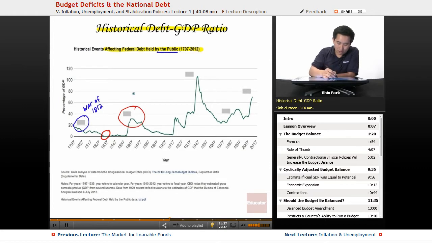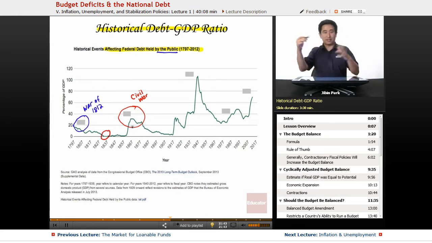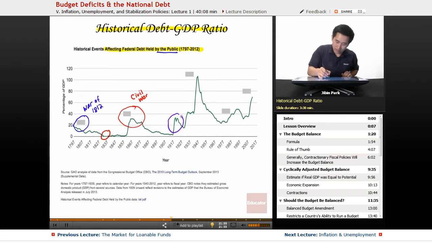This is obviously the Civil War. So there's a lot of government borrowing, but again, the trend is after each significant war, the government basically paid down the debt, to the point where prior to the entry of World War I, there's again very little debt, and then during World War I, a lot of debt.